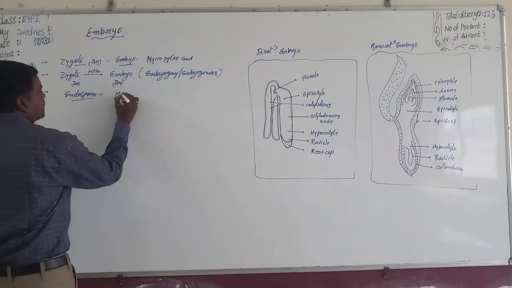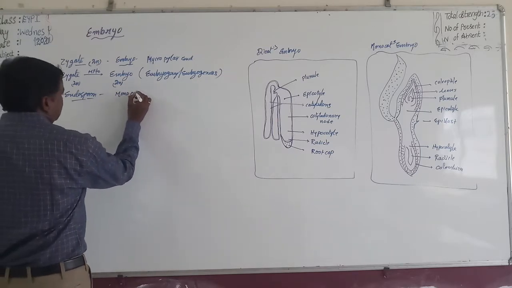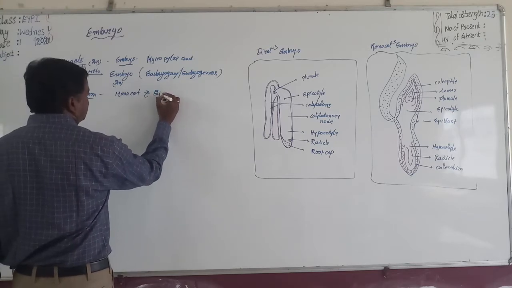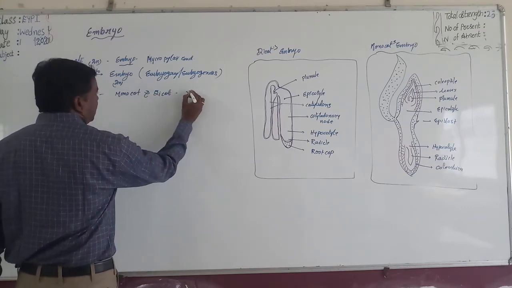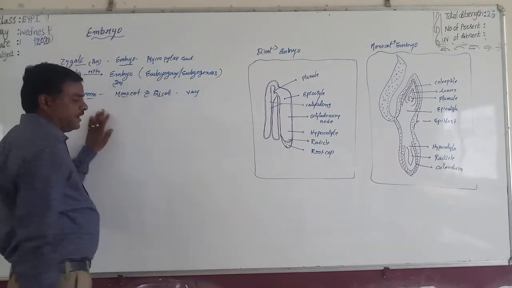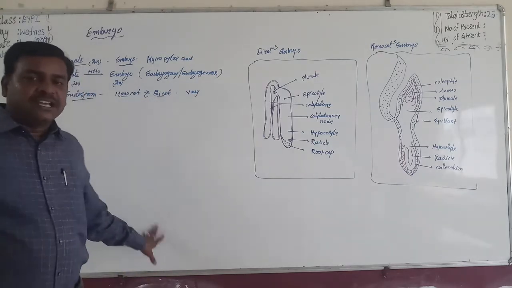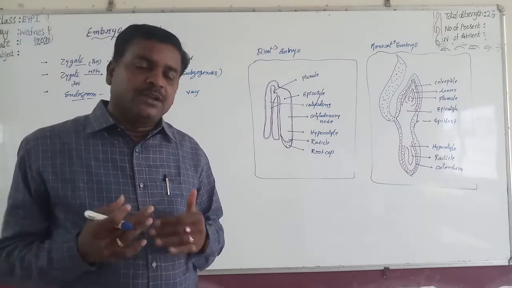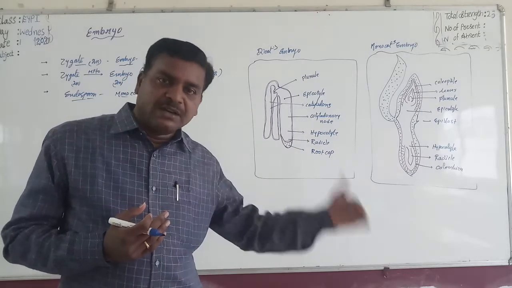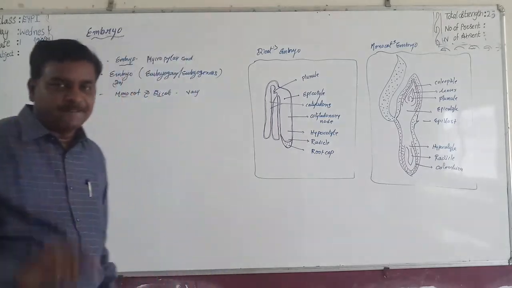Monocot seeds and dicot seeds show many differences and are varying, but the initial development of the embryo in dicots and monocots is similar.